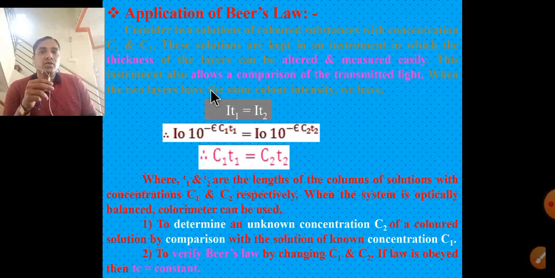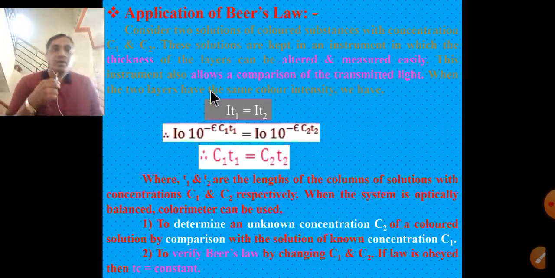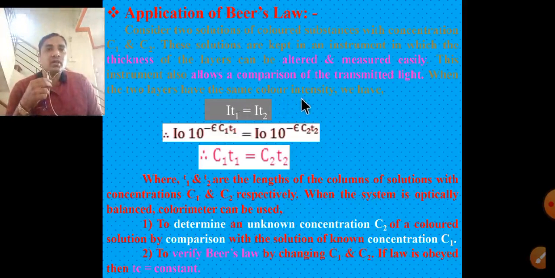This instrument also allows comparison of the transmitted light when the two layers have the same color and intensity, so It1 is equal to It2.